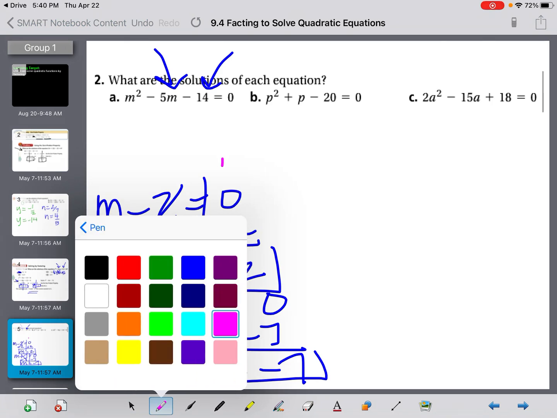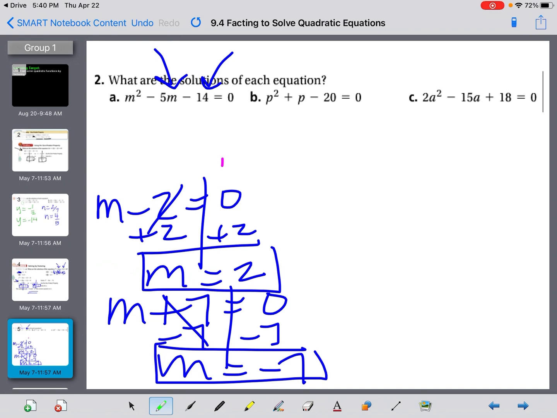All right, welcome back. Hopefully you did your A times C, which gave you 36. And so we know we need to multiply to be 36, but add to be -15, which for us is going to be a 12 and a 3. We're going to need 2 negatives.